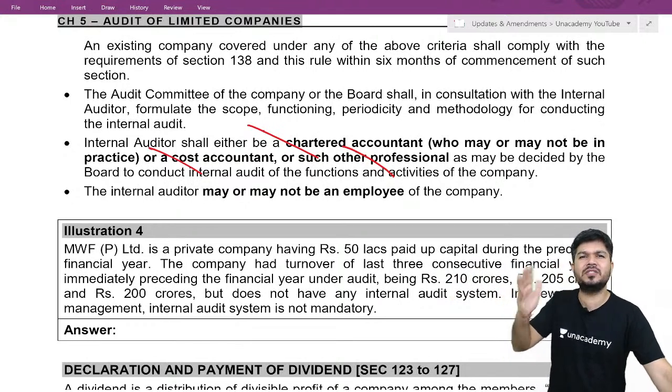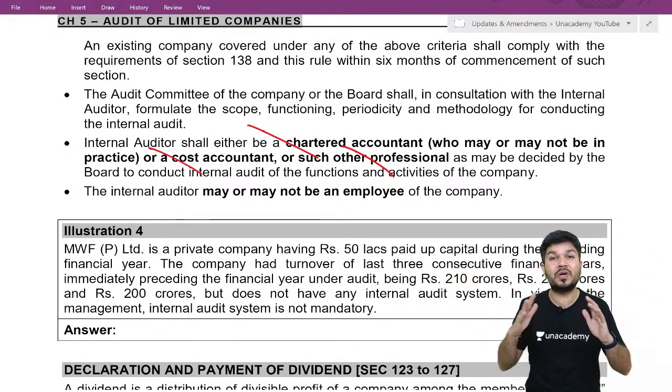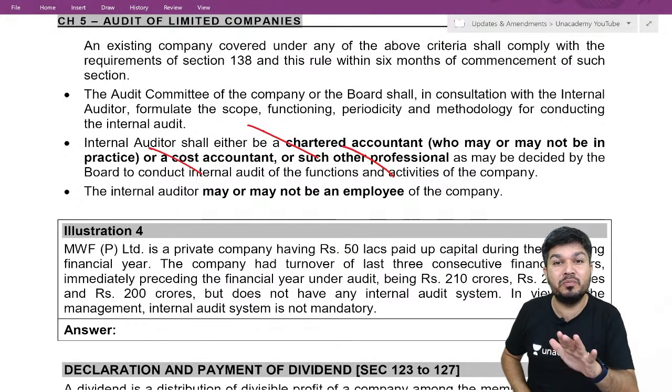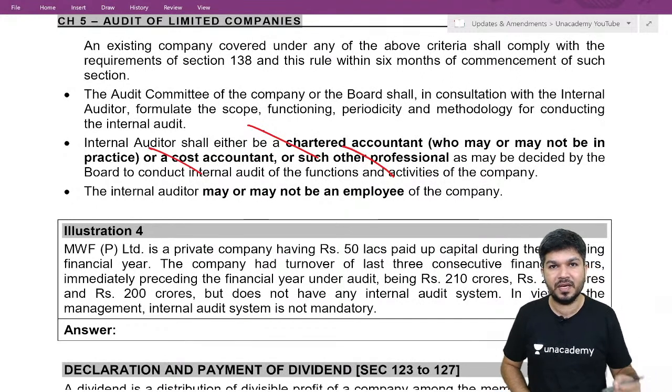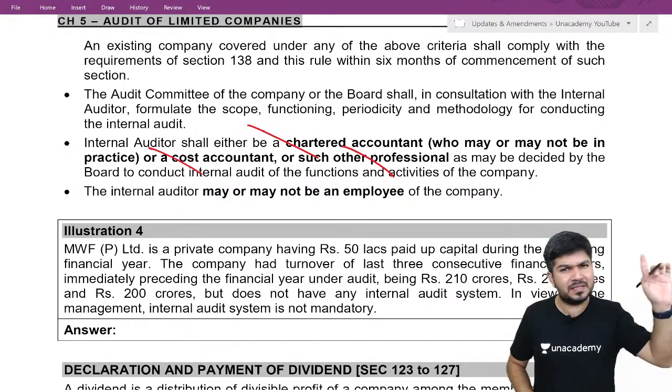The internal audit is generally done by a chartered accountant holding COP. If you don't hold COP, you can't do it. But our Companies Act says you may hold COP, you may not hold COP. Clear with this? And the limits have to be seen of last year, not the last 3 years, just the last year.